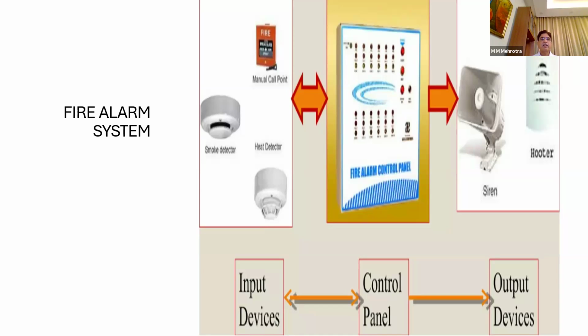Sorry, input device is your smoke detector, heat detector, which is providing supply to this control panel. Control panel gives signal to output devices. Output device is your siren, hooter, or some display. So that will tell that there is a fire, so you have to act.